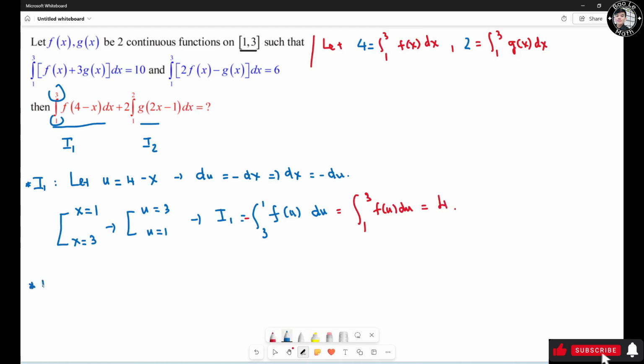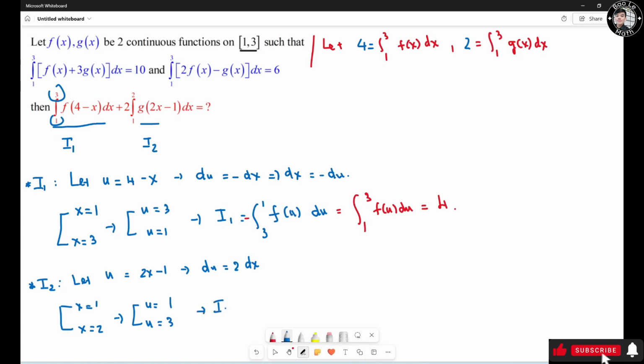Now to calculate I2, I'm going to do exactly the same thing. So I let u be 2s minus 1, right? So then I have du equals 2 ds, right? Now I need to change the upper bound and lower bound, right? So I have s equals 1, s equals 2. Then u becomes 1, right? And this one u becomes 3, right?